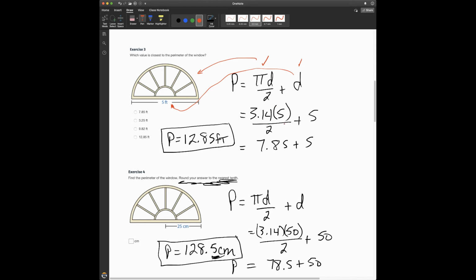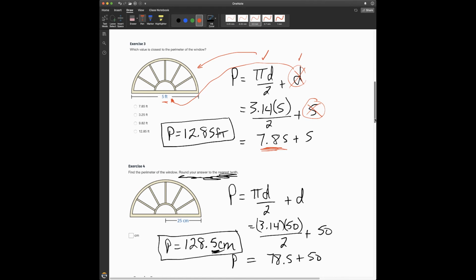So I just go in and calculate. My diameter is 5 feet, and this is my answer, 12.85 feet. A lot of students miss this problem because they forgot to add in that. And a lot of students had that answer if the diameter was 5 feet. Okay, so that's something to check.